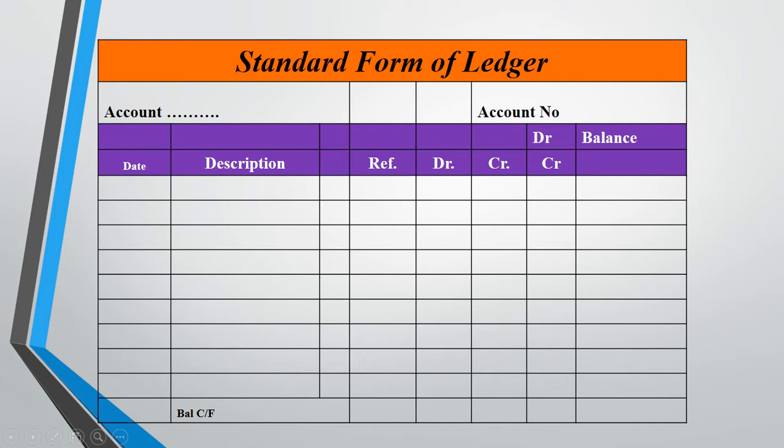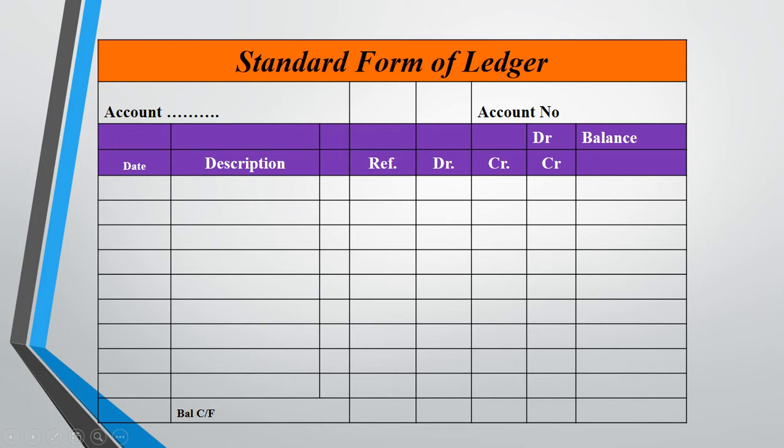The name of the account should be written here, for example cash account, salary expenses, telephone bills, capital account, and so on. There should also be an account number, for example 1 cash, 2 capital, 3 liabilities, or accounts payable or accounts receivable. This is the standard form.